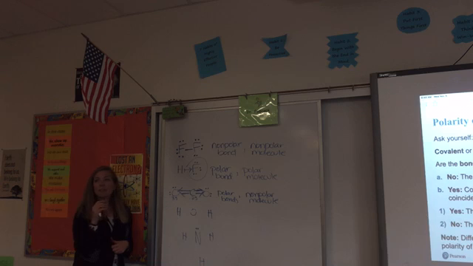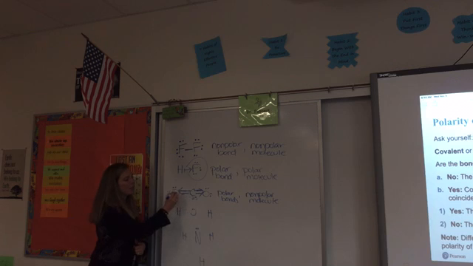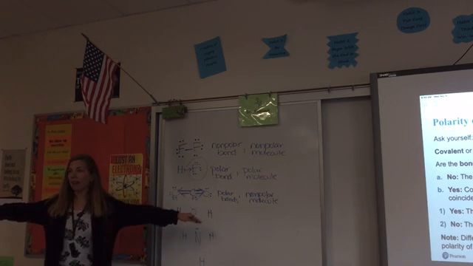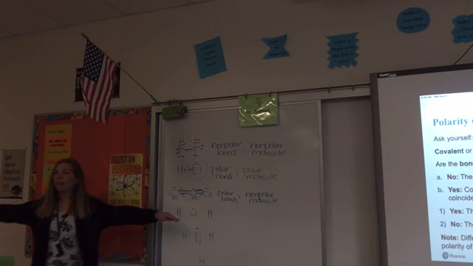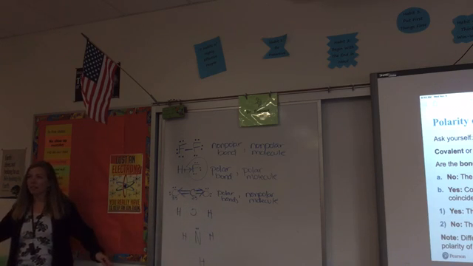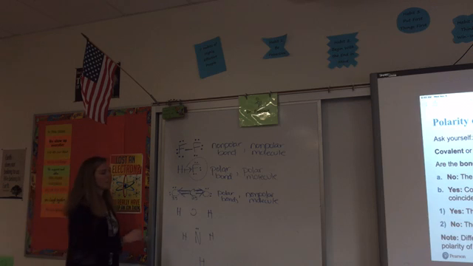Like, no? Okay. Because it's a symmetrical molecule, your electrons are being pulled to the left and they're being pulled to the right. So there's not one area of the molecule that has more electrons than the other. Okay? So it's balanced.